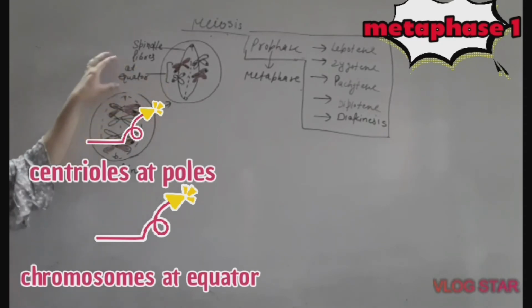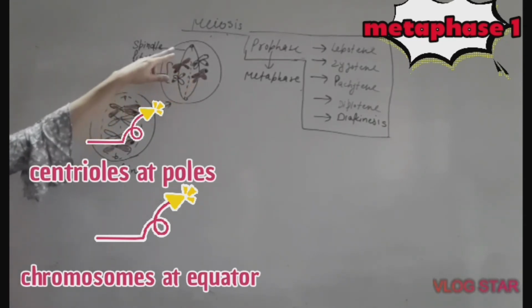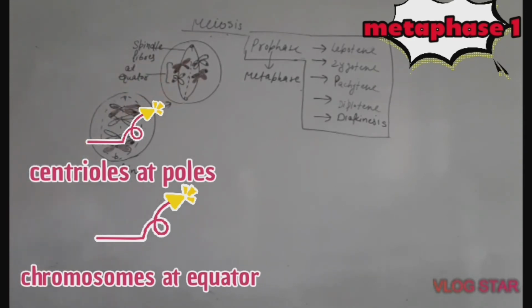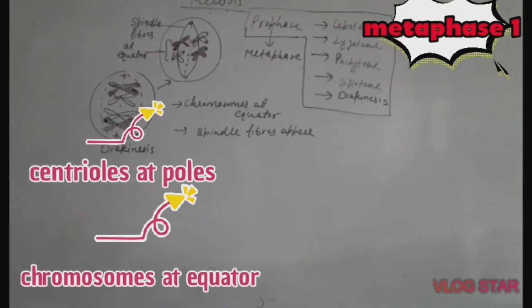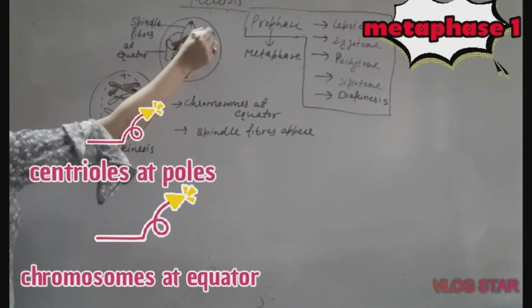So these two changes are particularly observed in the metaphase. What two changes? All the chromosomes arrange themselves at the equator and spindle fibers begin to arise. You can note them from here. Spindle fibers appear and chromosomes arrange themselves at the equator. This arrangement of chromosomes at the equator is random.